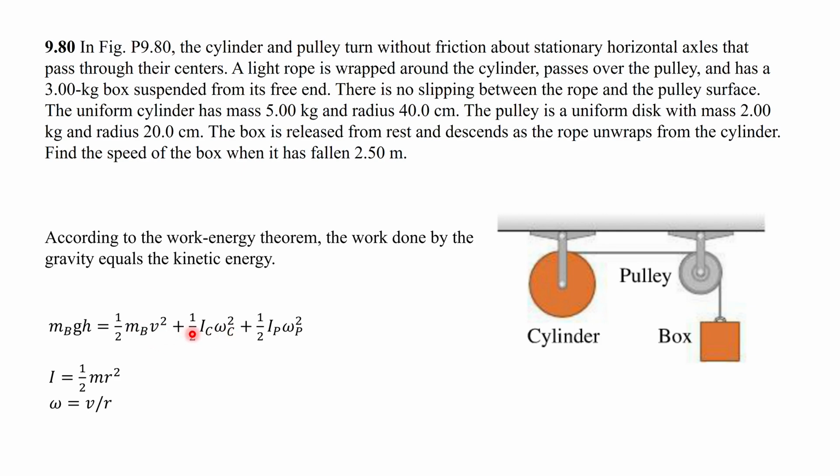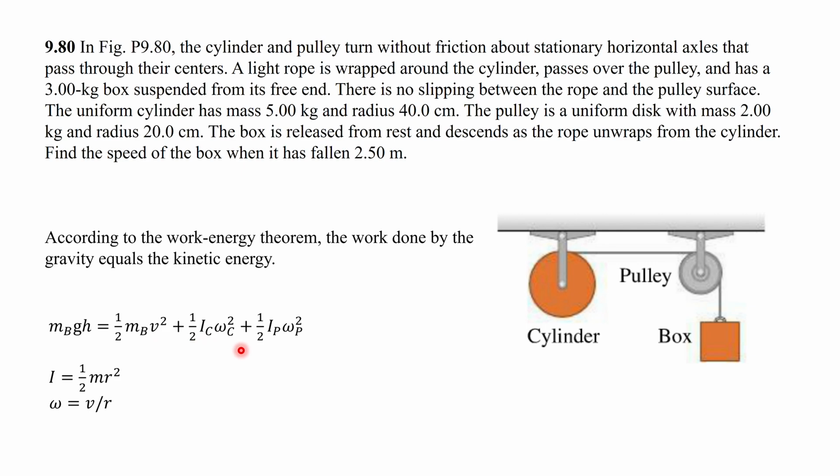If you compare these 2 parts, they have the same 1/2 factor, but the mass becomes the inertia, and the linear velocity becomes the angular velocity. So this is very easy to remember. In the circular motion, it is the inertia times angular velocity squared, but in the linear motion, it is the mass times velocity squared.